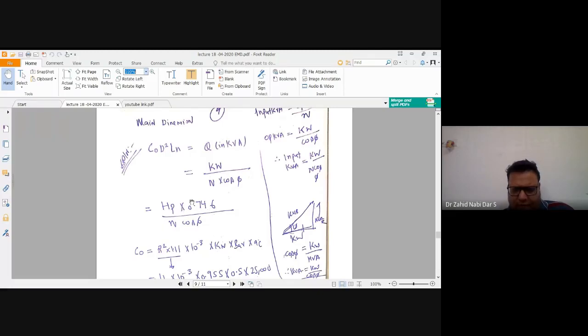If it was 15 HP, to convert it to kilowatt we would multiply by 0.746.